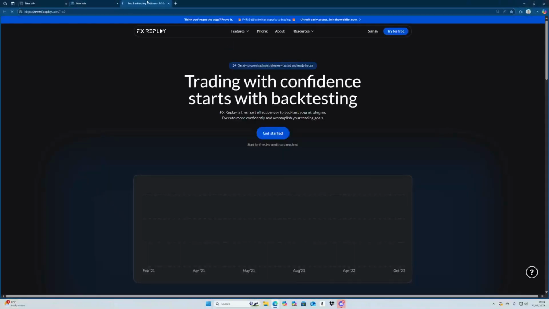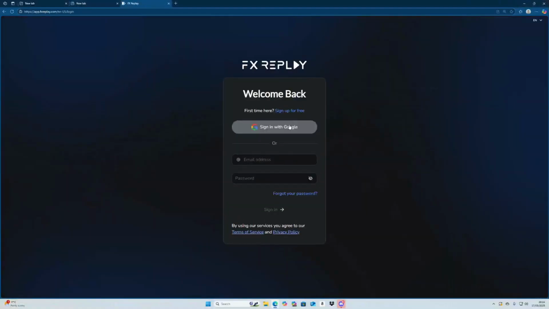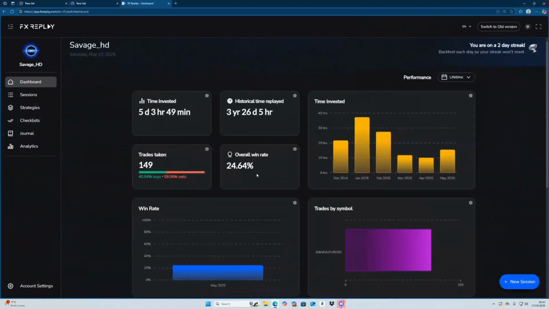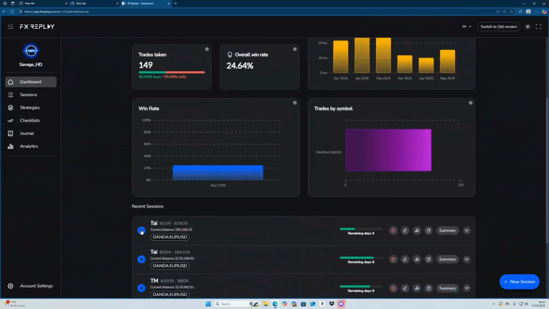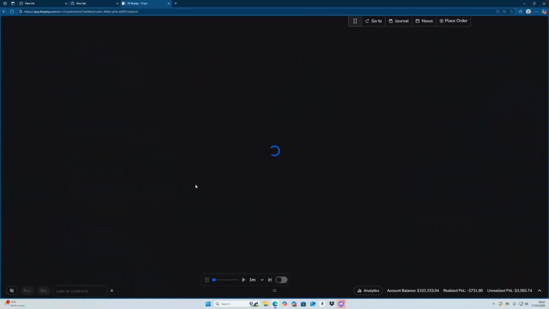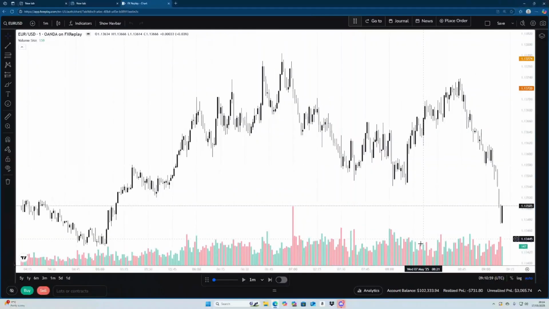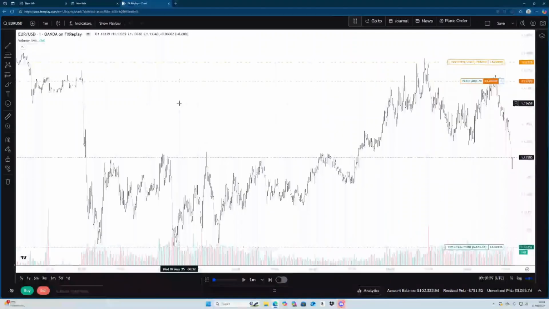I have a question about how it's called, Trade Seller. Oh yeah, journaling your trades. I see it costs £29, and I want to ask, can you backtest as well on Trade Seller, or is it only a platform where you can journal? You can, but I'd say to use FX Replay or TradingView.